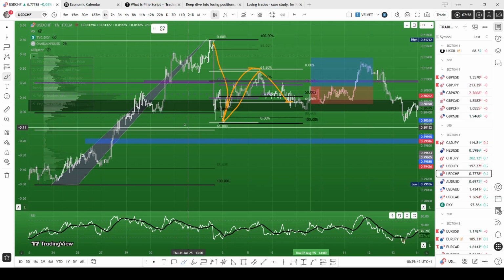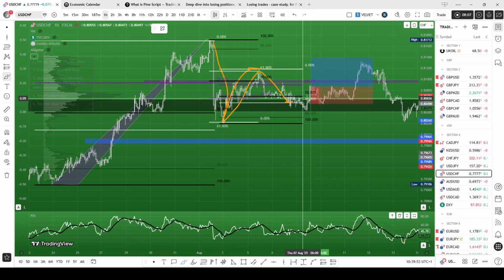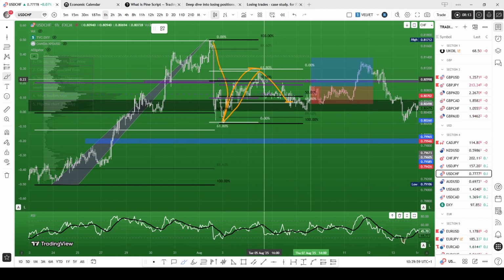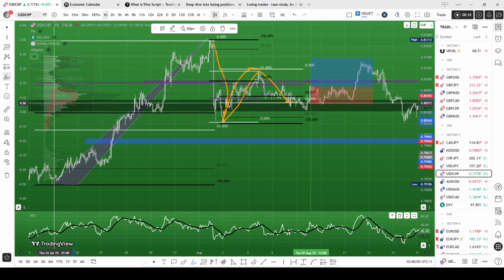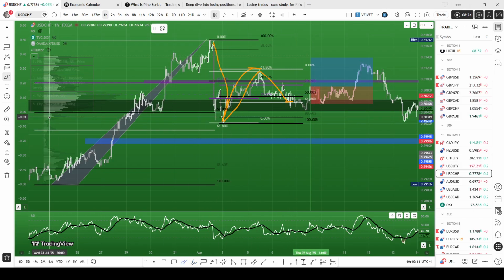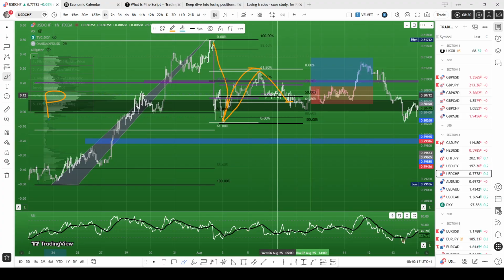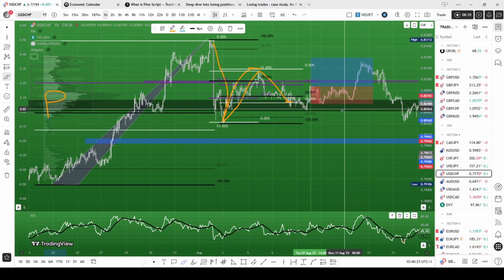But let's look at the shape of the volume. So why wouldn't it be a good idea to enter long immediately after having this particular retracement? Let's look at the volume shape. It was a P-shaped volume in this range, so it would suggest that the weight is above, so it has to retrace, or it is going to be retracing a little bit more instead of immediately jumping higher.